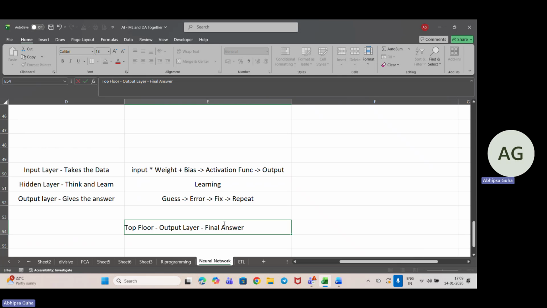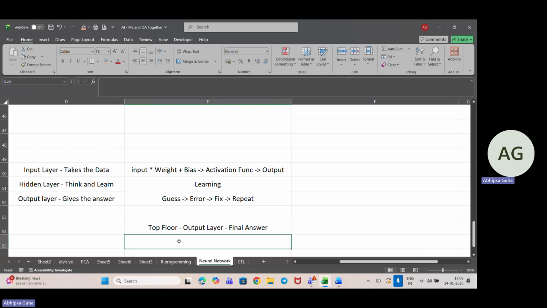Now, when it is transferred to the next hidden layer, the output result is taken by the input layer, then again the final decision is made, thresholding and overall thinking happen in the hidden layer, then we get the exact result in the output layer. So this is how the chain is growing and performing.